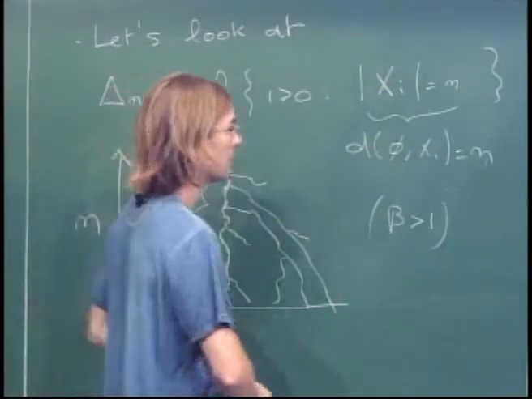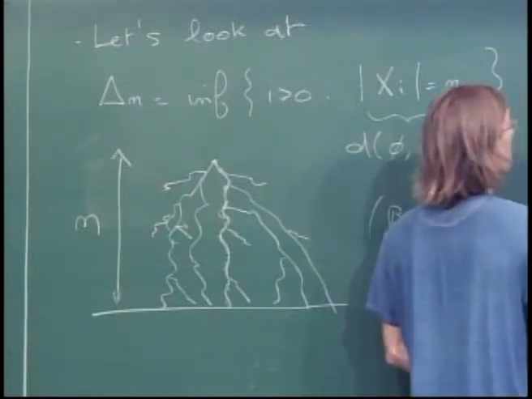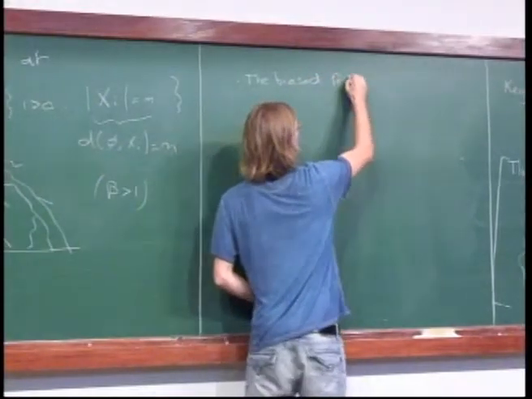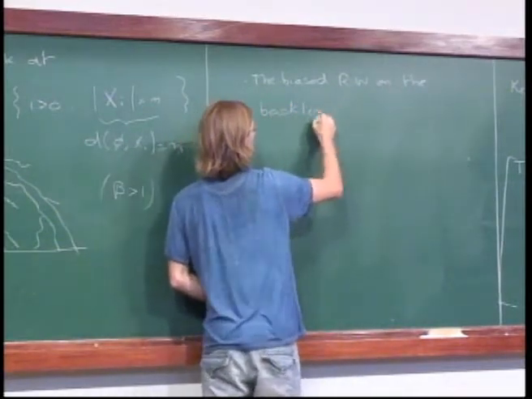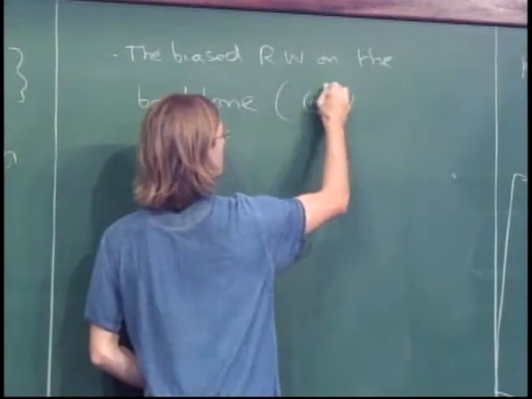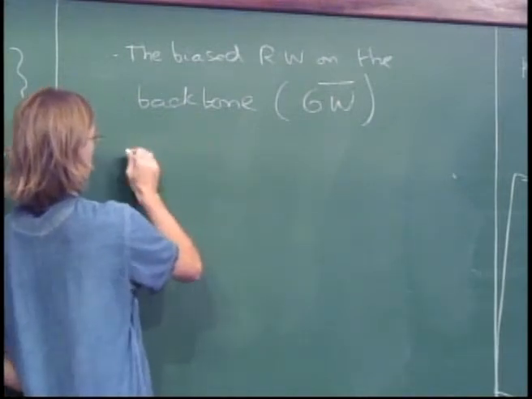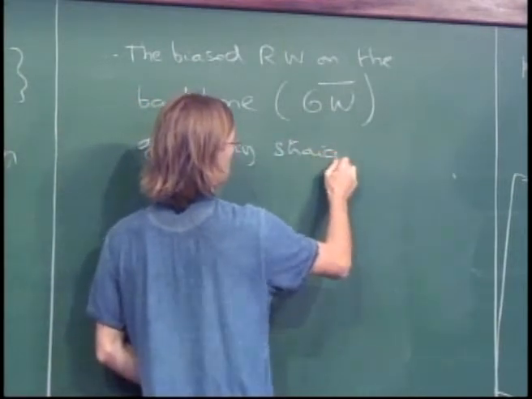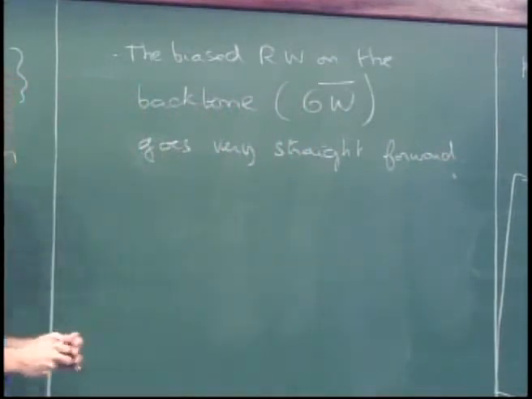So what happens is the following. The biased random walk on the backbone, what I called the backbone was this part with no leaves, the Galton-Watson bar, goes very straight forward. It actually explores a very small subpart of the whole tree.